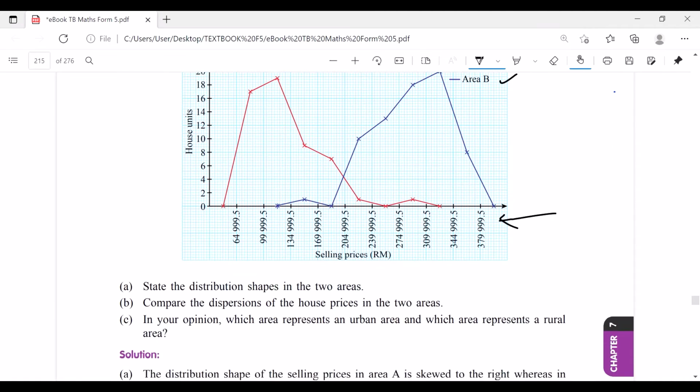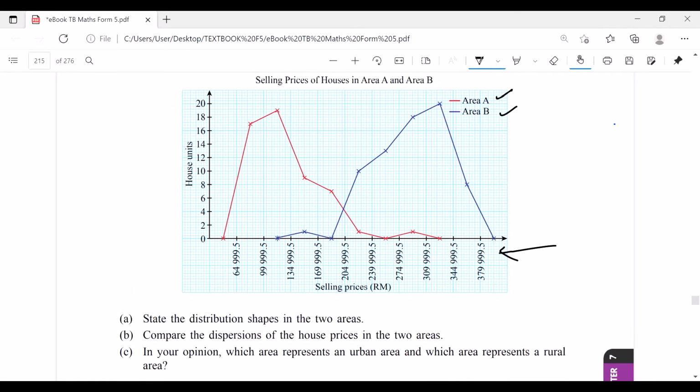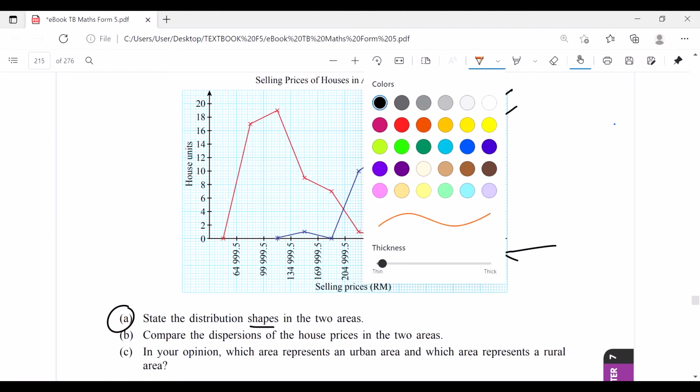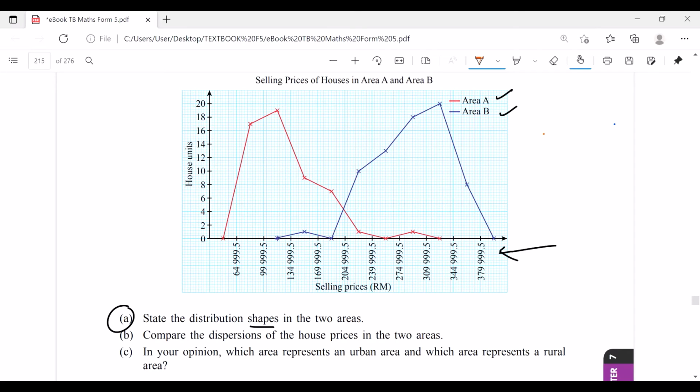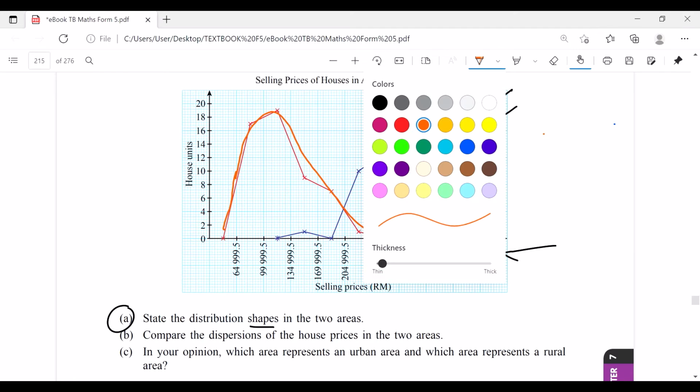The question is, state the distribution shape. Let's look at the shape. For area A, the shape first goes up to the highest peak, and then goes down. What do you see over there?